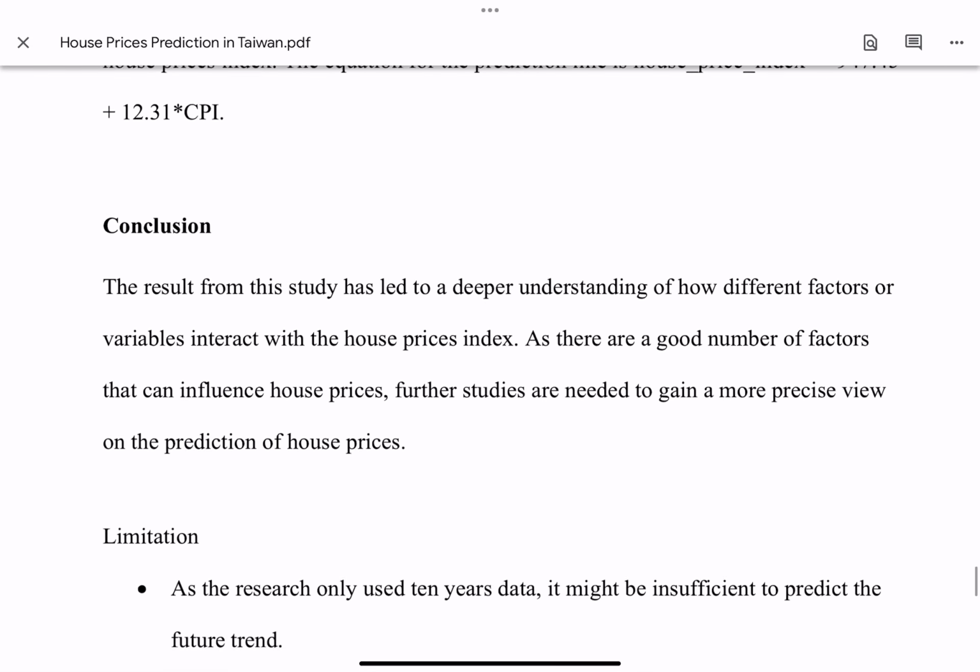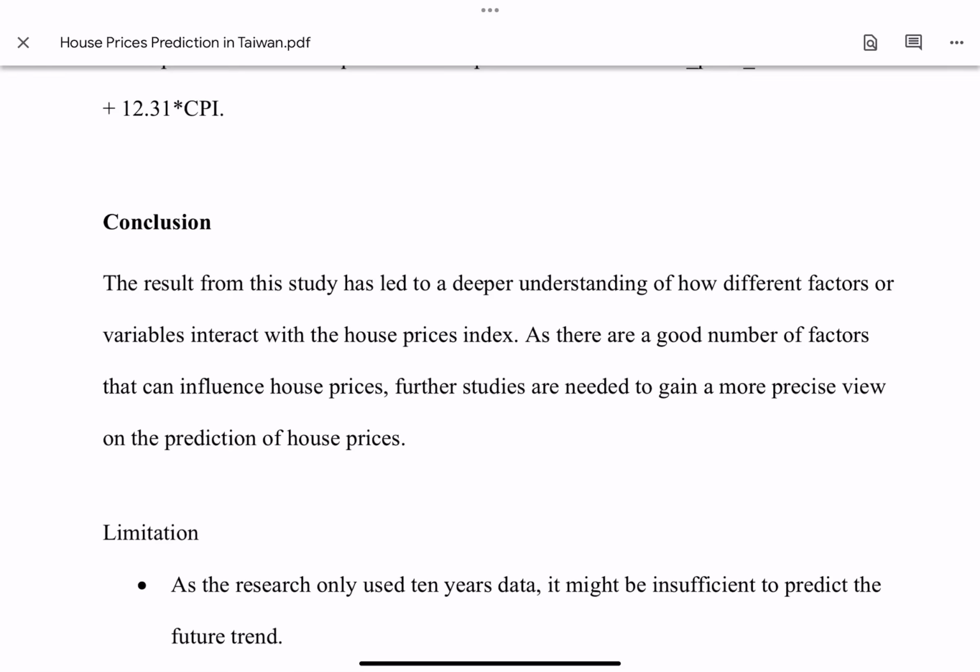So the conclusion is that using the data and programming language, we get a deeper understanding about the house price index. And as there are a good number of factors that can influence house prices, further studies are needed to gain a more precise view on the prediction of house prices.